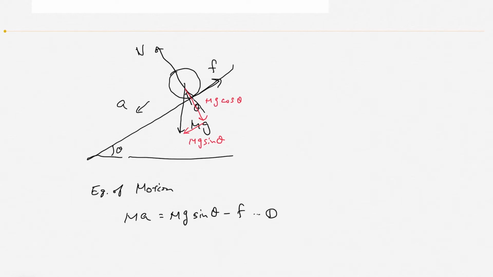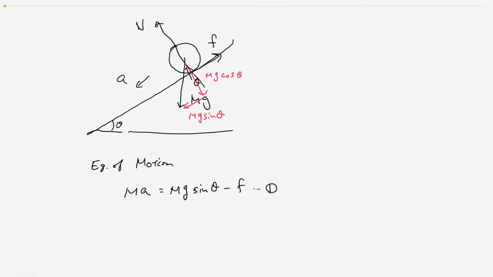The second equation is for rotation. Angular acceleration is alpha, so I alpha equals torque, which is R times F, since this is a right angle. And the acceleration a is related to the angular acceleration by a equals R alpha, in the case of a rolling sphere without slipping.